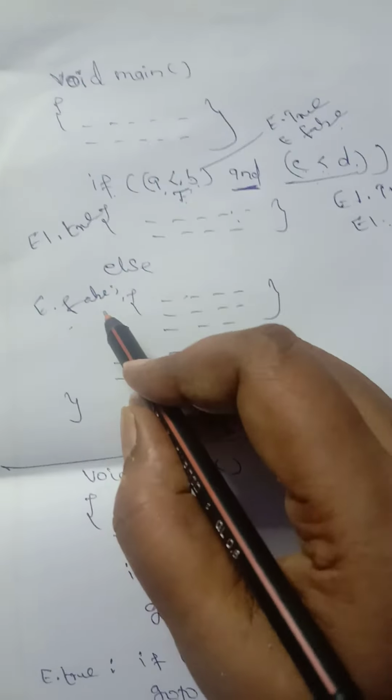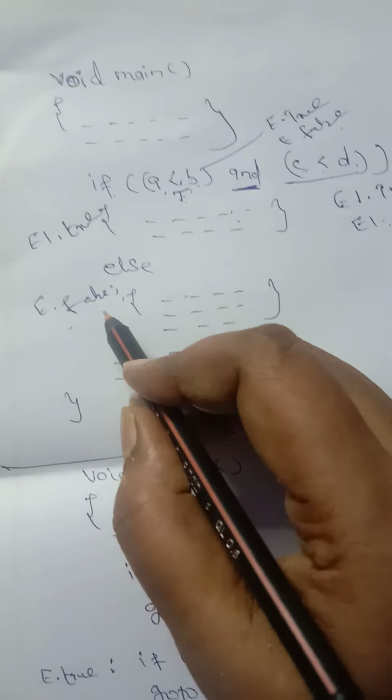So the syntax directed translation scheme of the given program is: void main. We execute the normal statements of the program. If A less than B, go to E dot true. What is E dot true? The next condition, if C less than D. So A less than B and C less than D means go to E1 dot true.